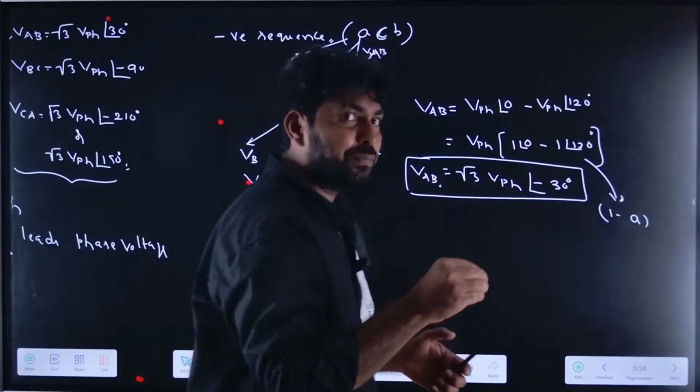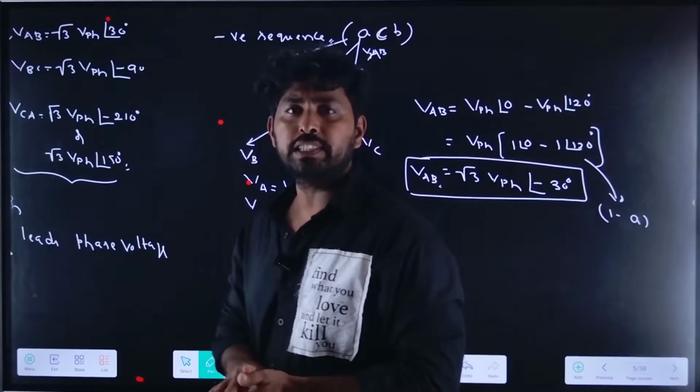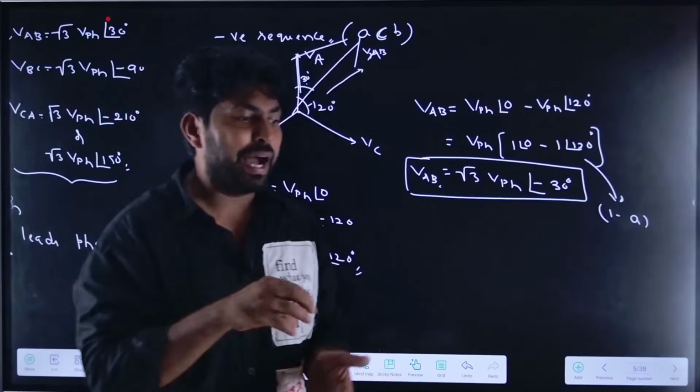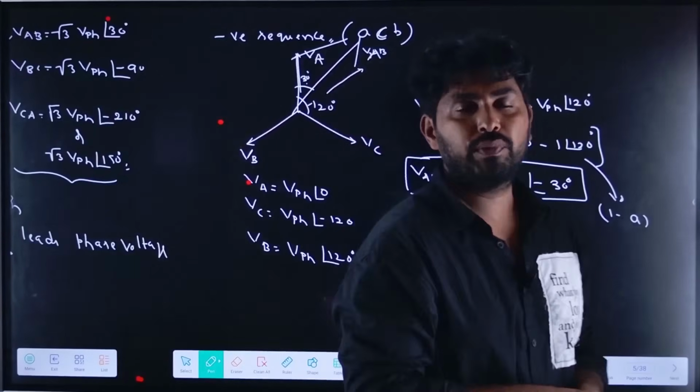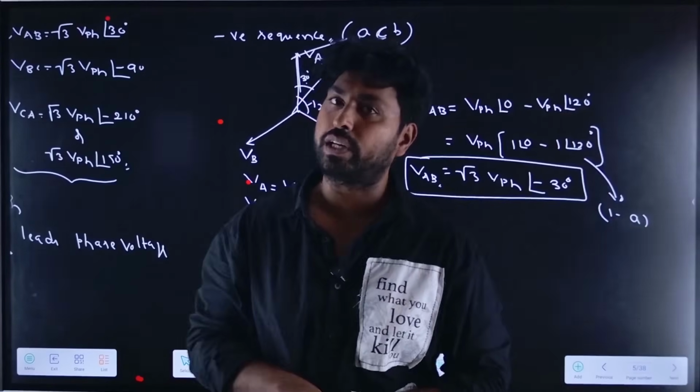Let me draw the conclusion here. Either for positive sequence or negative sequence of the voltages, the magnitude of the line voltage doesn't change, which is equal to root 3 times the phase voltage.